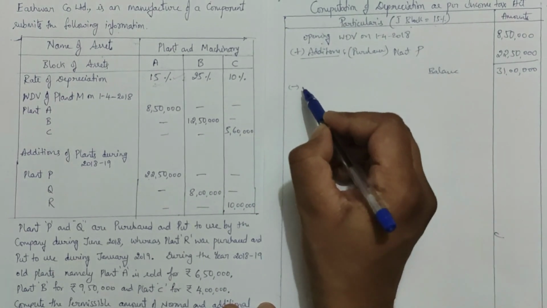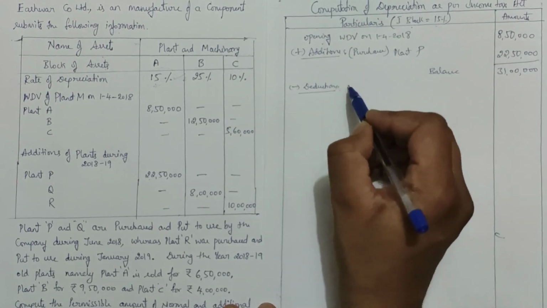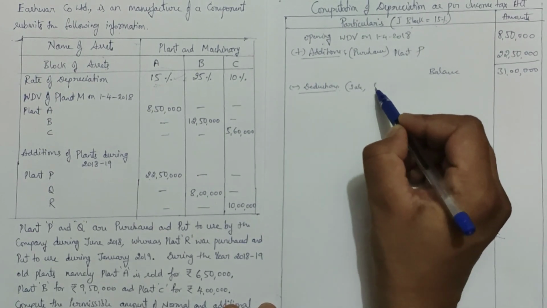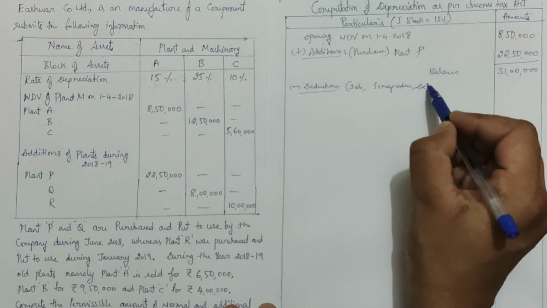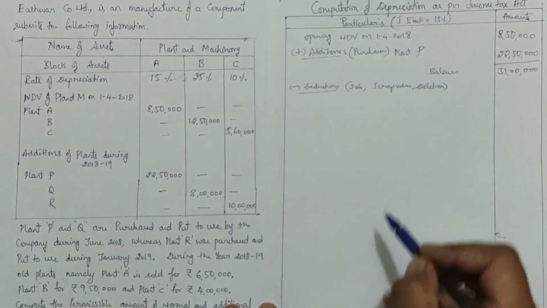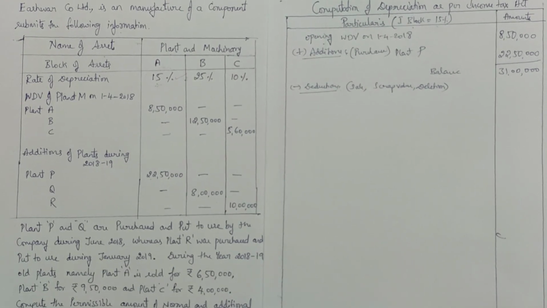Then after that, if we have any deductions, we need to deduct, that may be any sale, any scrap value or any deletion. If we have those transactions in the question, then compulsorily we need to deduct. So we need to check that in the adjustments.